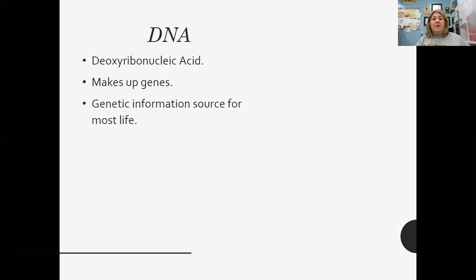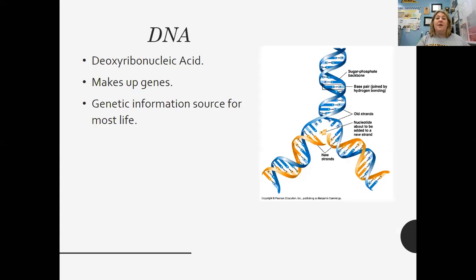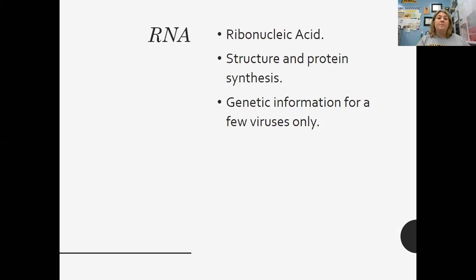All right. So DNA, deoxyribonucleic acid, it's what makes up our genes. It is the genetic information source for most life, not all life, but most life. It has a very specific structure, which we will get to very in depth later on, but we know it as a double helix.